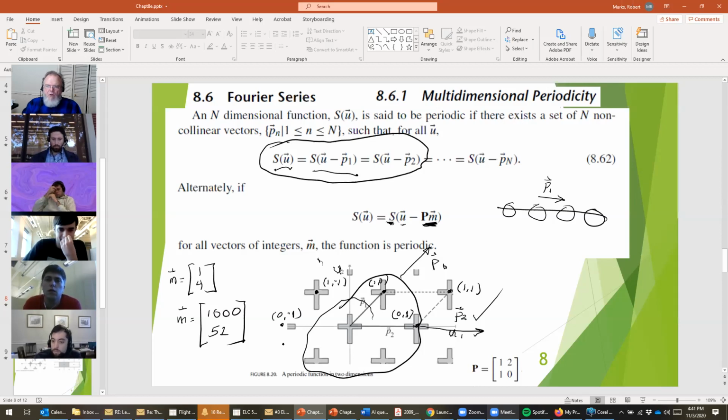Now we can think of all of these integers as a vector. For example, this would correspond to the vector 1, 1. And this would correspond to the vector 0, minus 1.